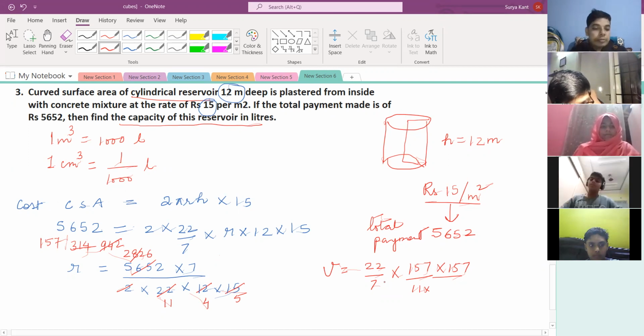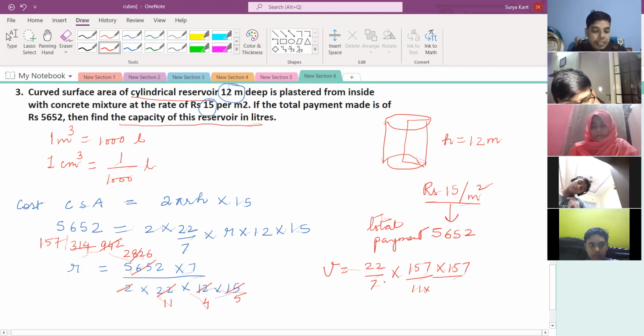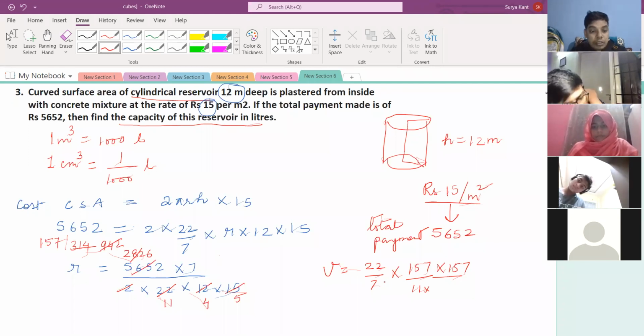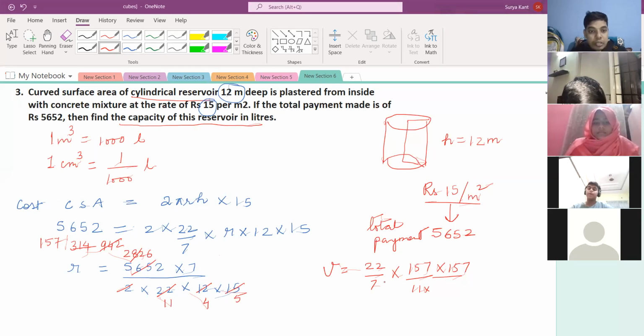Hmm. 157 into 7. Sir, in calculator, it's coming like 78 lakhs. No, the radius part I am solving here. 157 into 7. Sir, I think we did wrong somewhere.